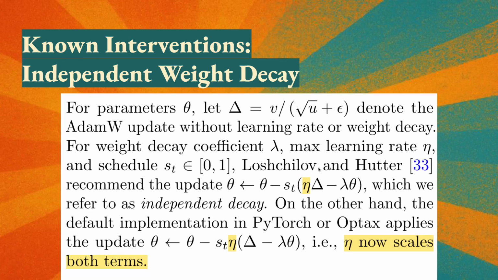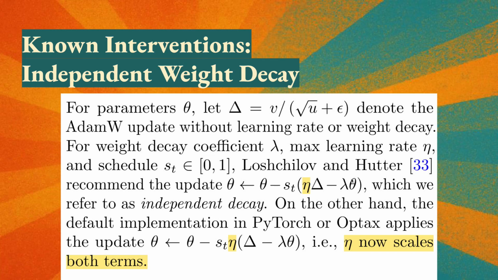So in the original paper, they have decoupled the learning rate from the weight decay term. So they have the original parameter, or the last step's parameter, minus the scheduling step value between 0 and 1, multiplied by the learning rate times the unscaled Adam optimizer update, minus the weight decay coefficient times the parameter. And so here, eta is only being multiplied by the Adam optimizer unscaled update.